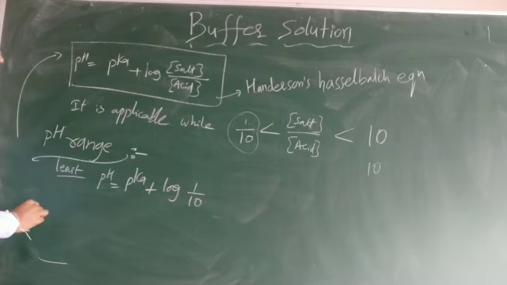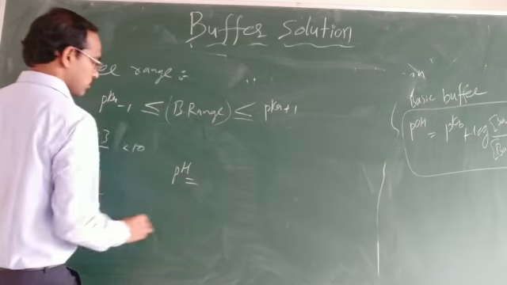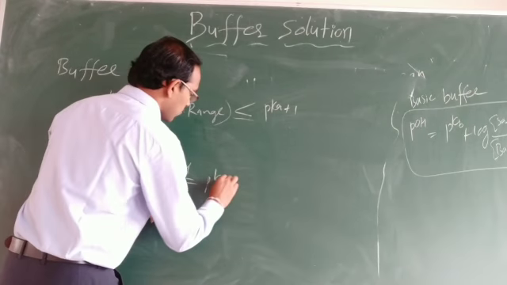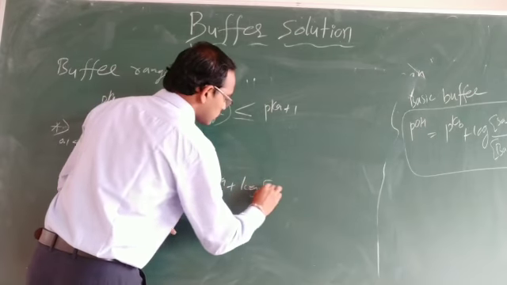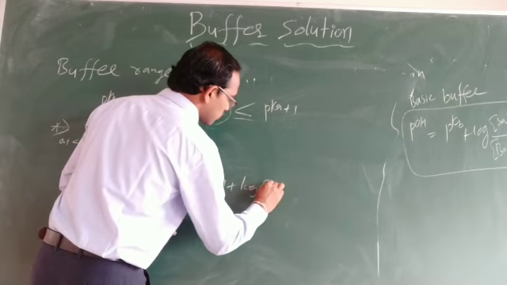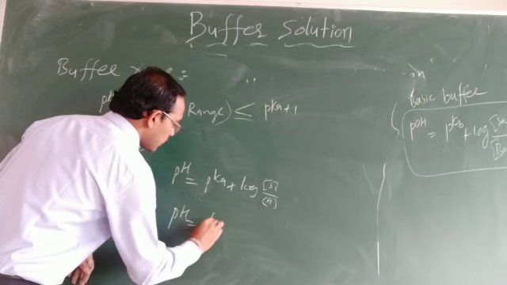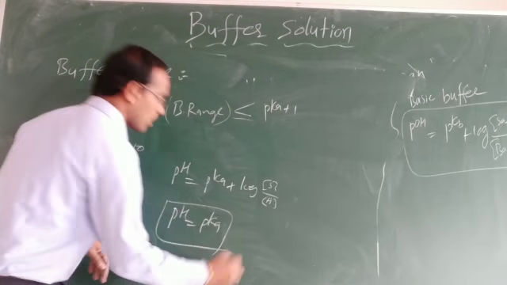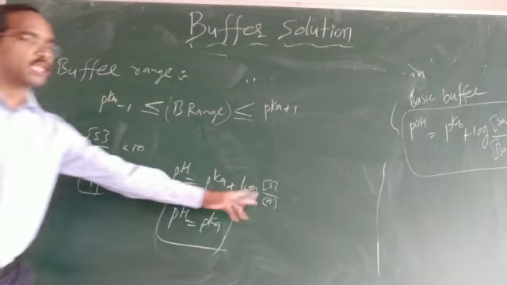If you take the value 1, then what was the formula? pH equals pKa plus log salt by acid. If you are taking this ratio as 1, then pH equals pKa, since log 1 equals 0.